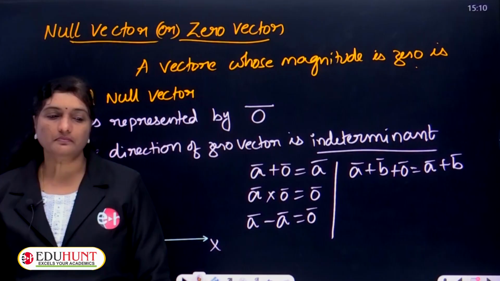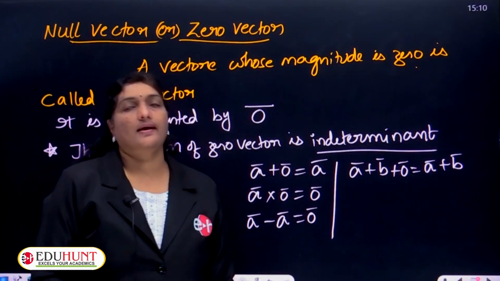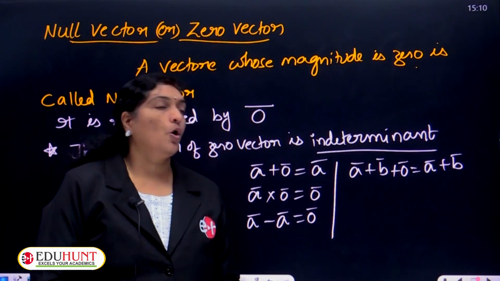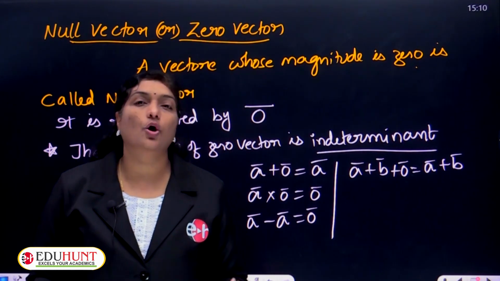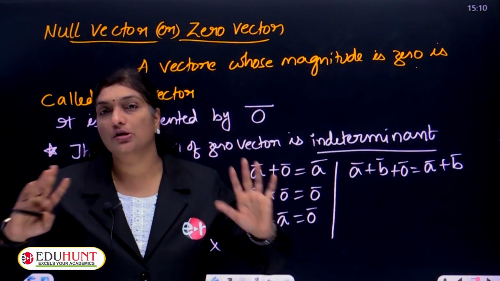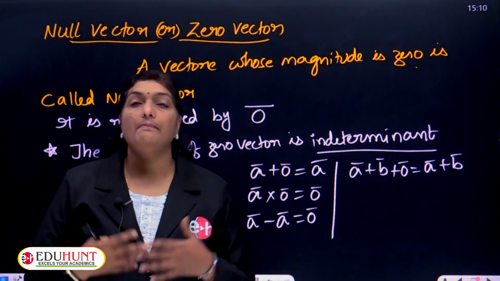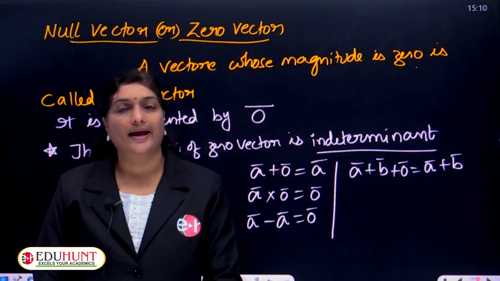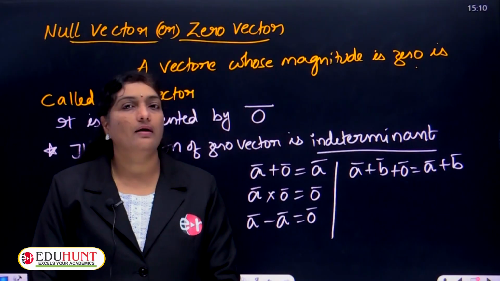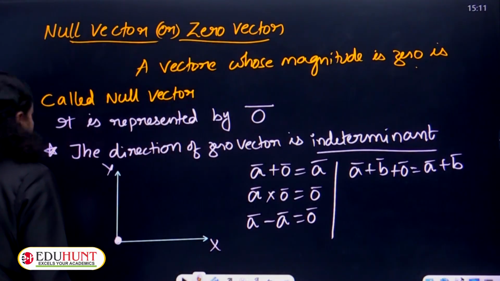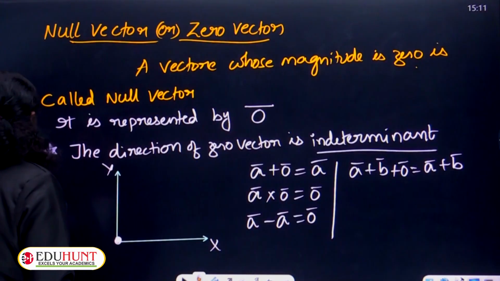Okay, children. So now let us try to understand something regarding coplanar vectors. What are coplanar vectors, children? Any number of vectors which belong to the same plane. The vectors that lie on the same plane are called coplanar vectors. Moving ahead with the next one, that is coplanar vectors.